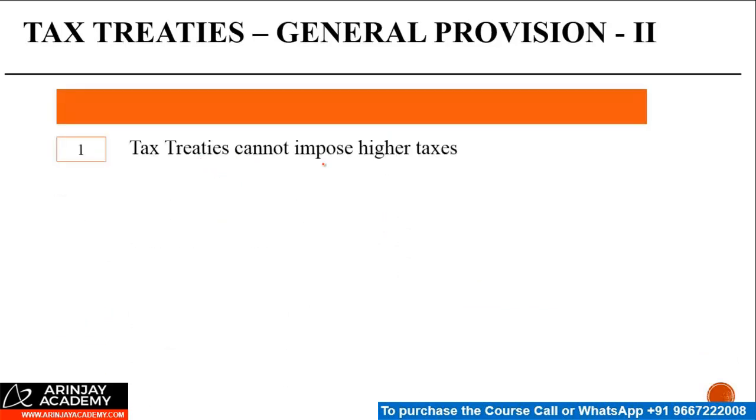Tax treaties cannot impose higher taxes, right? So if a particular income is taxable under the Act at 20%, the treaty cannot provide for taxation at 30% or 40%. And this is also pretty much evident from the fact that if the treaty provides for a higher rate or a differential taxation, I can always opt for the provision of the Act.